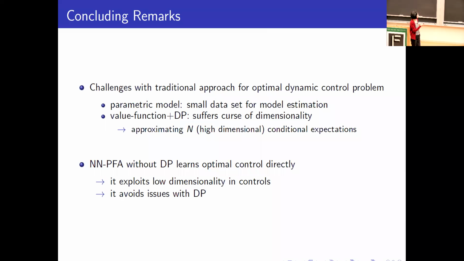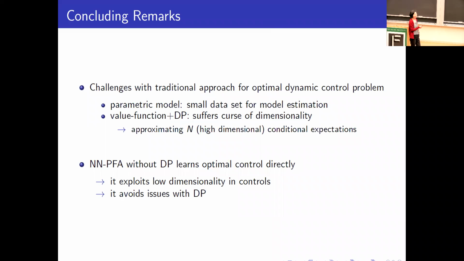The traditional, most popular approach suffers some difficulties. In particular, if you use the dynamic programming principle, your computational approach will involve conditional expectations of high-dimensional functions, which can be difficult to do with simulation-based computation, and there's also potential error propagation.